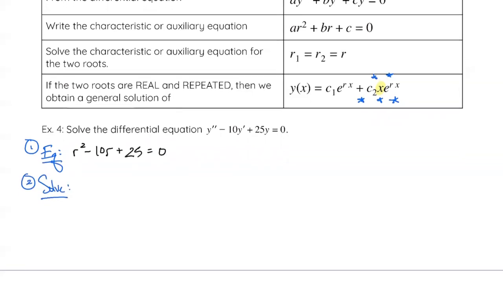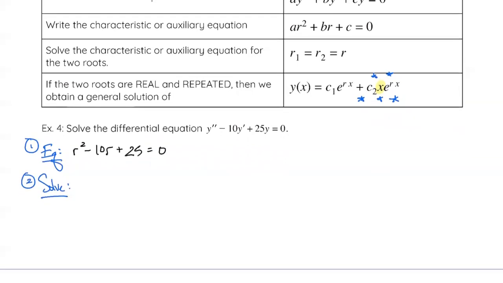And when we solve, we might already be able to tell this is a perfect square, right? We end up with r minus 5 times r minus 5. And so what that tells us is that r1 is the same as r2, which is the same as r, which is going to be 5.